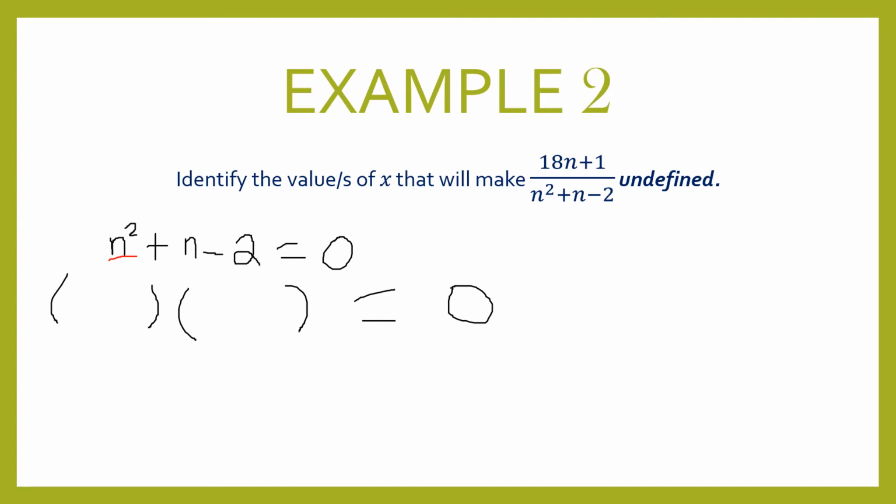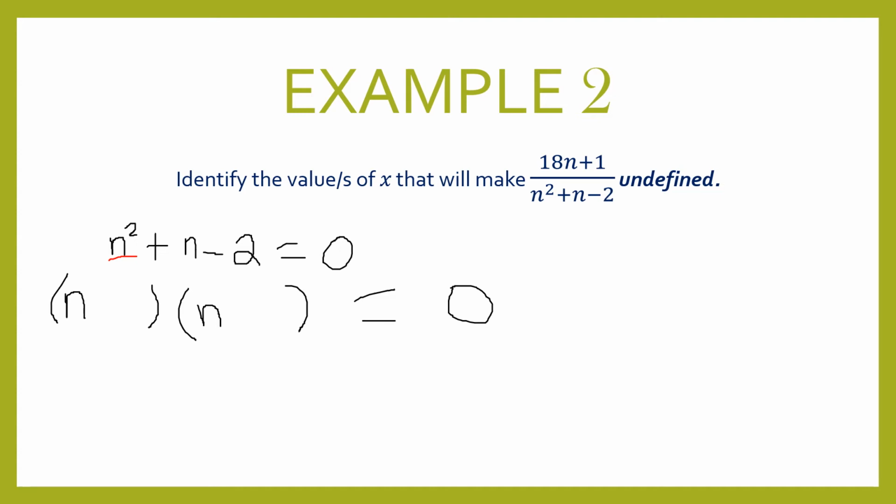N square. Ano ang factor ni n square? So, ang factor ni n square, n times n. Tama. So, lagay mo yung isang n dito, then yung pangalawang n ay dito naman sa kabila. Tama. So, na-factor na natin yung first term.